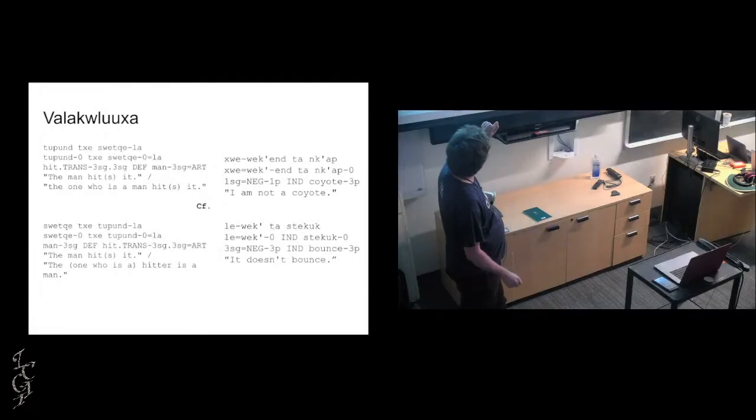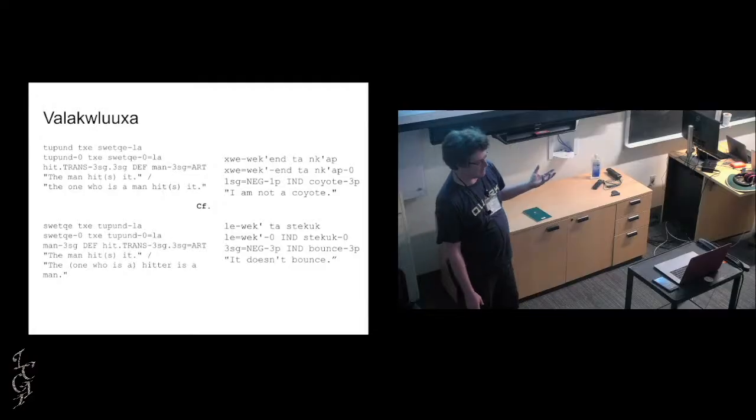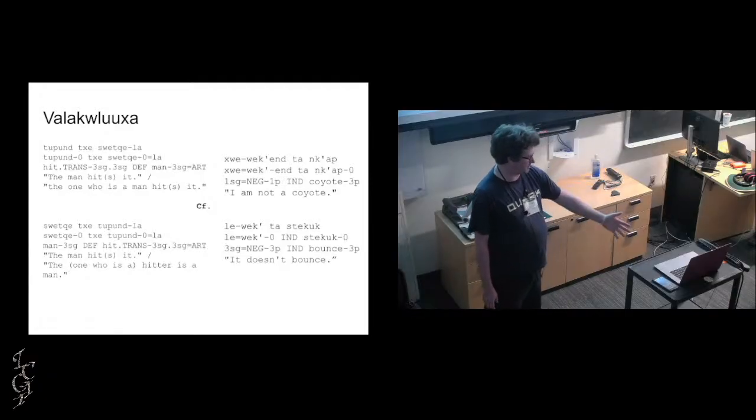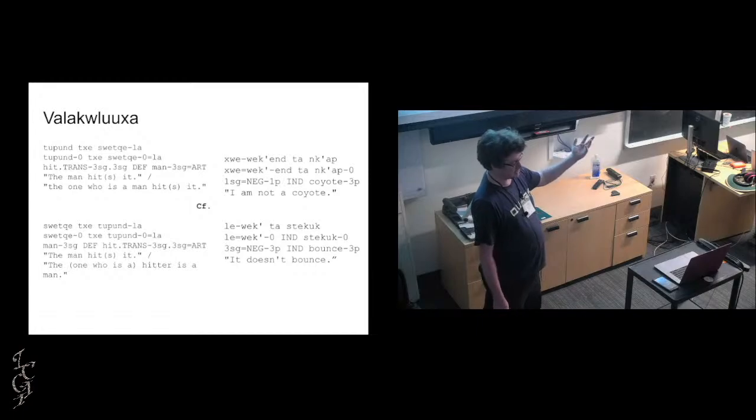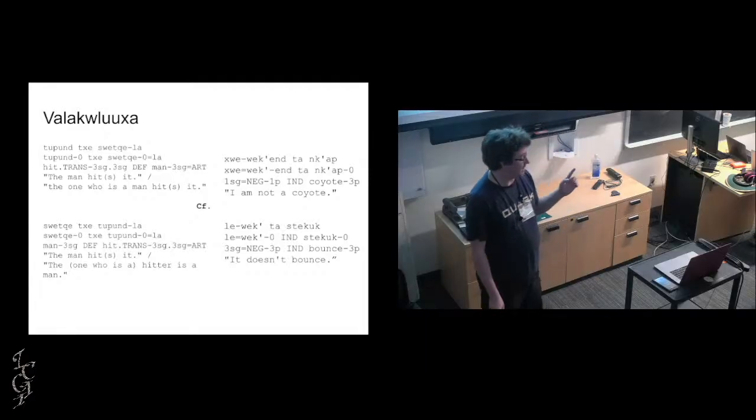So I didn't need to restrict clauses to only having a single non-pronominal argument. I did that because the paper that inspired me to create Valaklusha was about Salishan languages, and there are some Salishan languages and other, not technically Salishan, northwestern United States indigenous languages that actually do have that constraint.